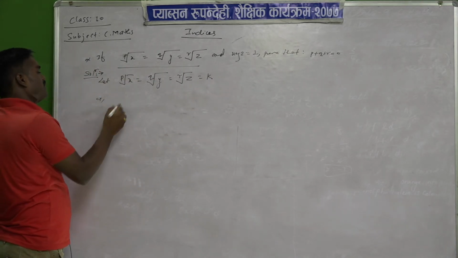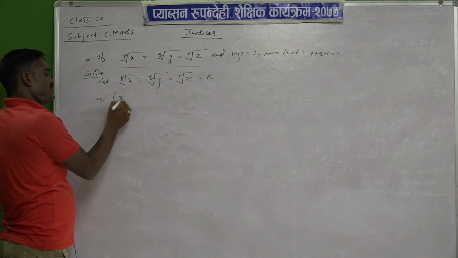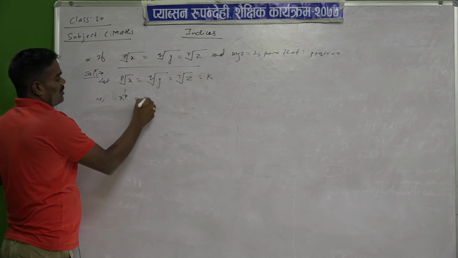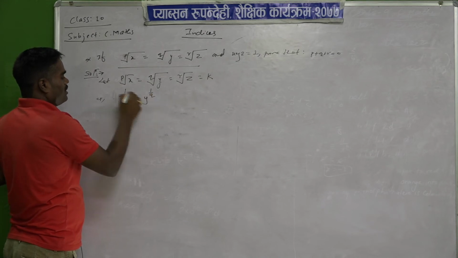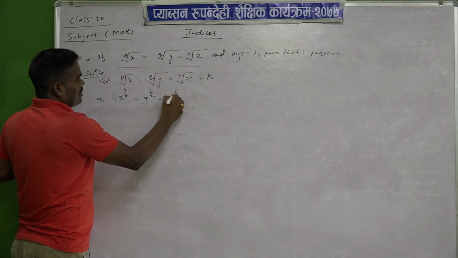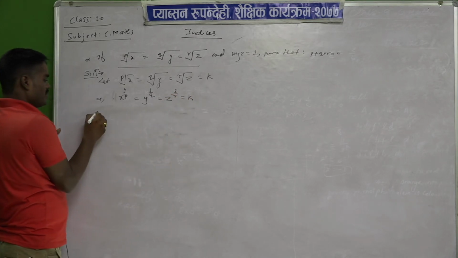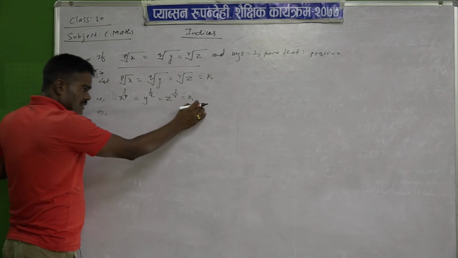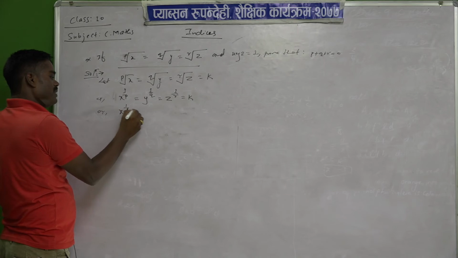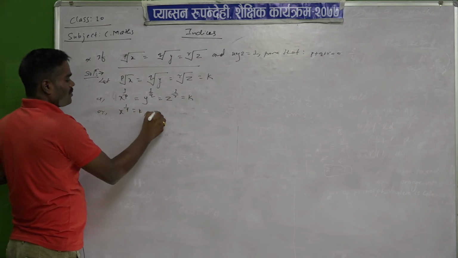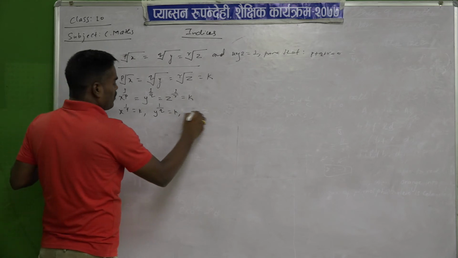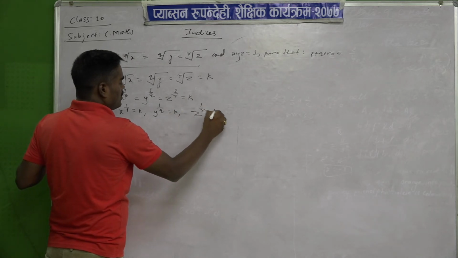So change in fraction form. So this became x power 1 by p, y power 1 by q, z power 1 by r equal to k. So these all are equal with k, so equate with k. So x power 1 by p equal to k, y power 1 by q equal to k, z power 1 by r equal to k.